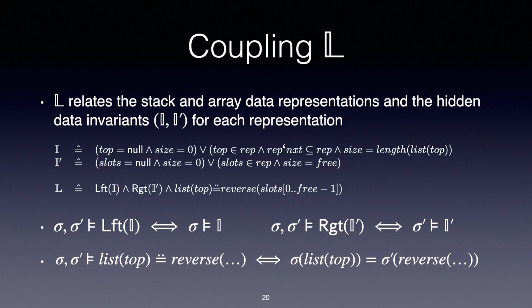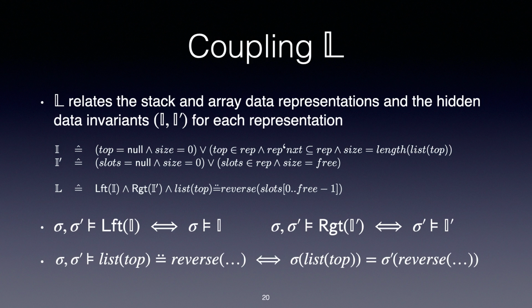Okay, so let us see what I and I dash are. Let me just talk about I, because I dash is similar. I is an internal data invariant in the case of the implementation as a linked list that says either top is null and size is 0, so the size of the stack is 0, or top and rep. Remember that rep is holding encapsulated locations, and rep image next is in rep.